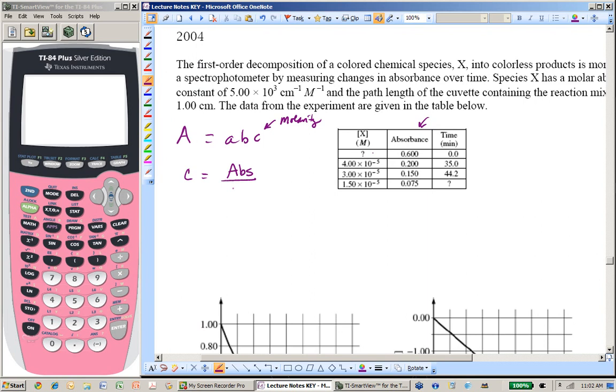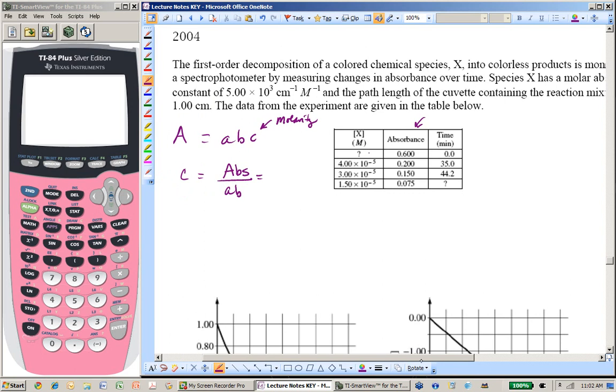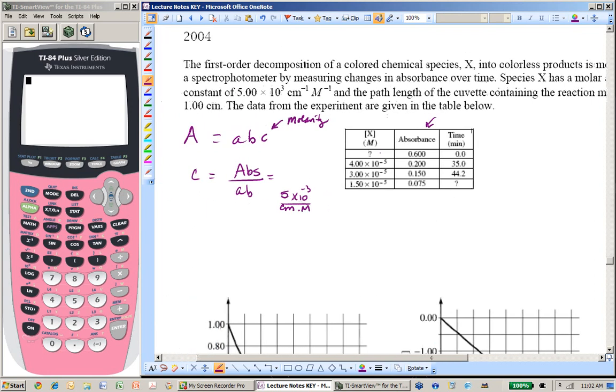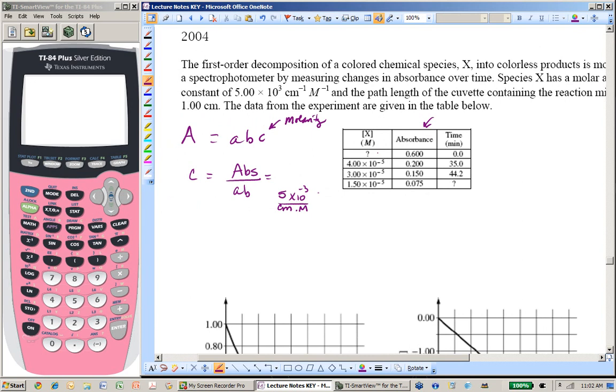So I'm going to rearrange and say to solve for C, I'm going to take the absorbance and divide it by A and B, where the A, the little baby A, is the absorptivity constant, which it tells me has a molar absorptivity constant of 5 times 10 to the 3 centimeters, with molarity in the denominator. Both are minus 1 on the units, and a path length of 1 centimeter.